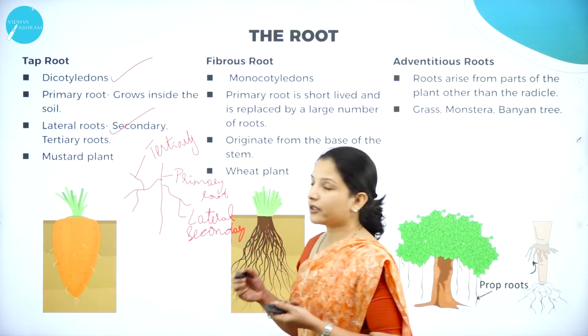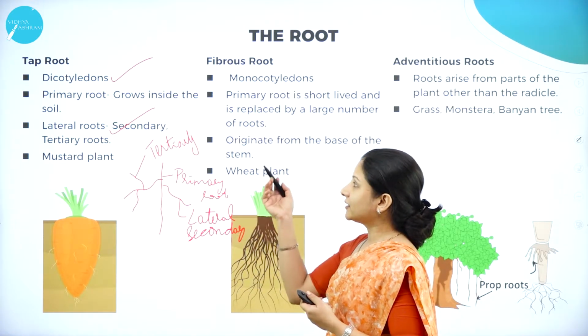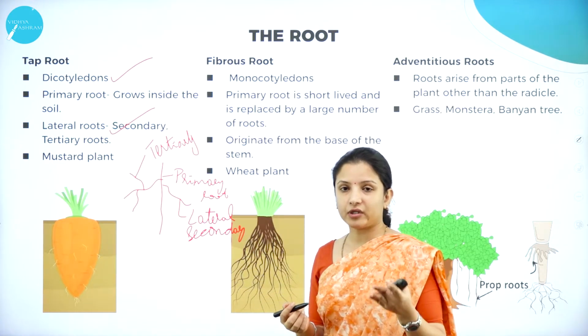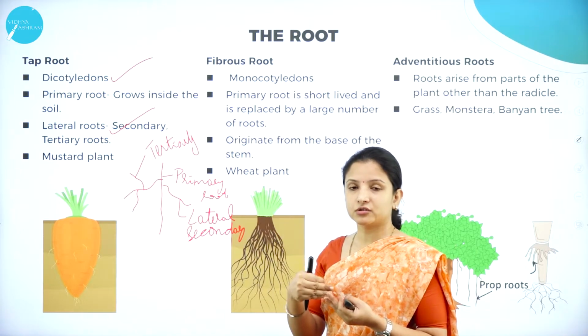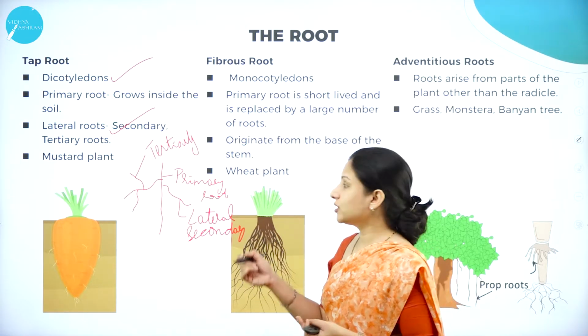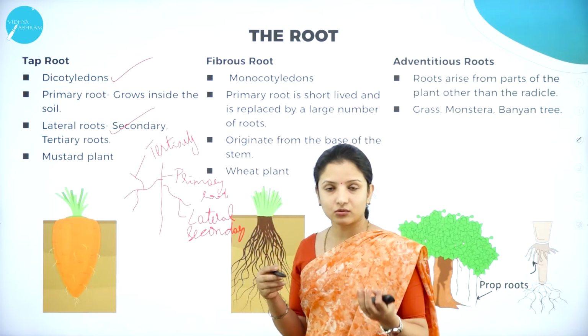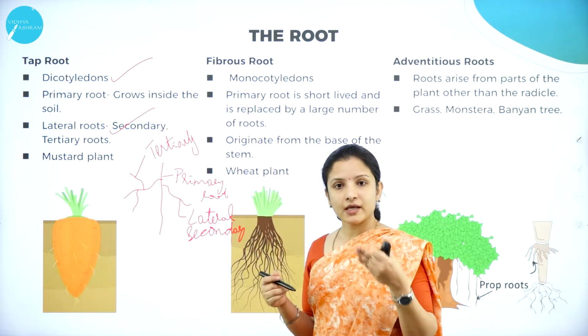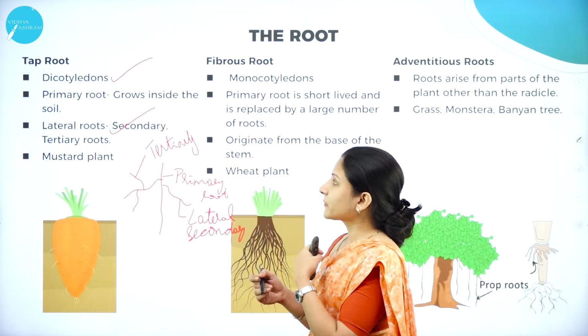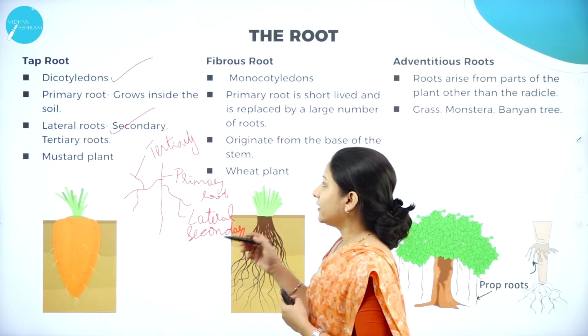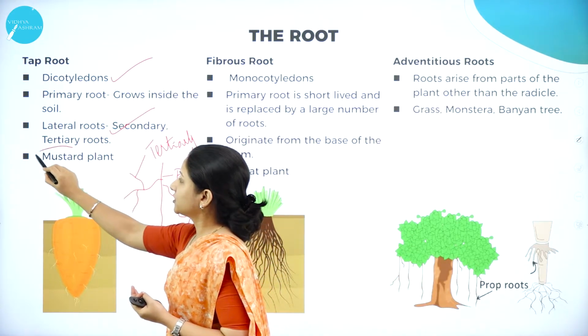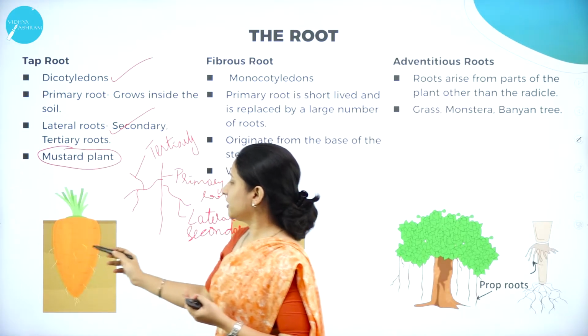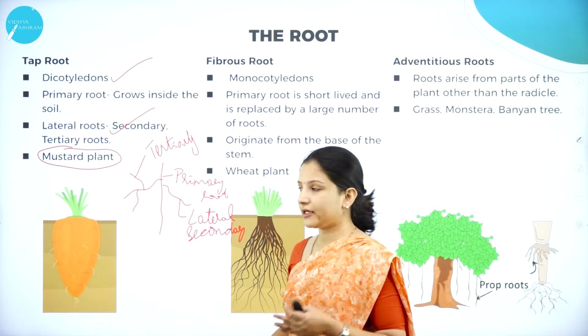They are usually found in dicots and they have a primary root which directly grows into the soil. From that primary root, the lateral roots or the secondary roots will arise, and from the secondary roots, the tertiary roots will arise. This is the taproot system, and one best example for a taproot system is the mustard plant. But here I have taken the example of carrot.